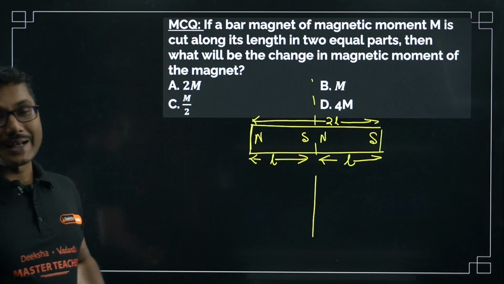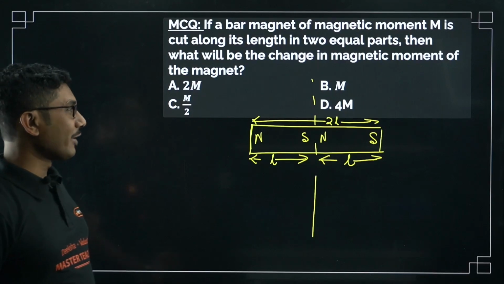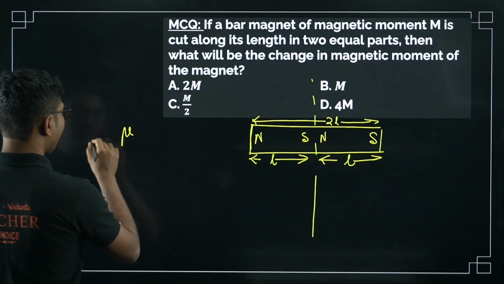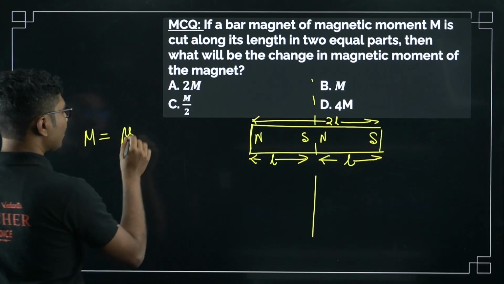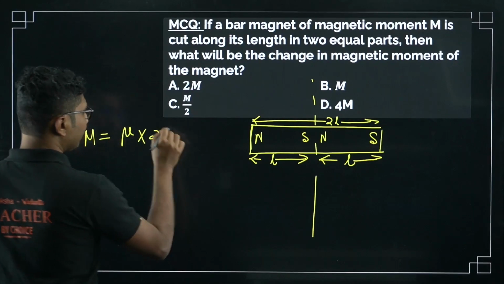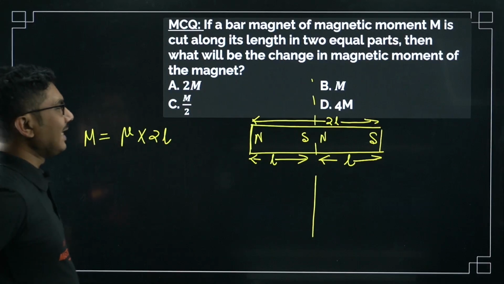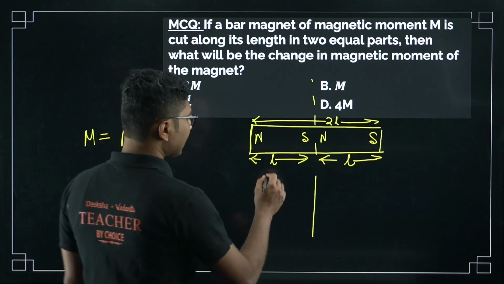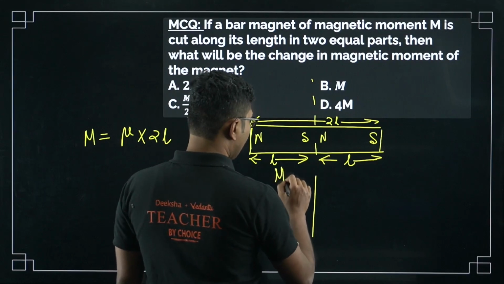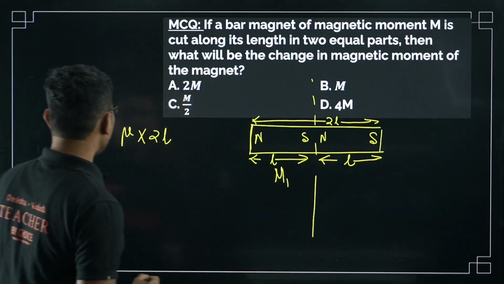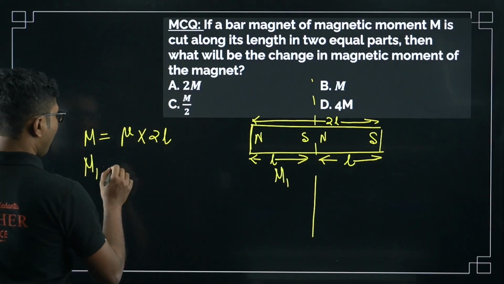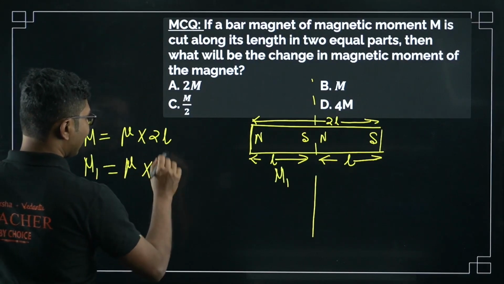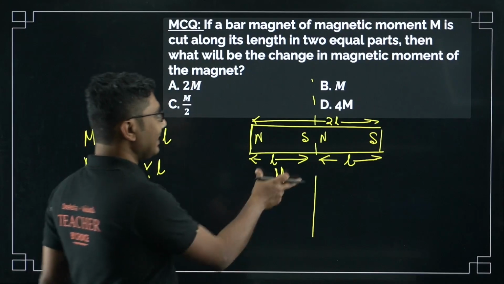So change in the magnetic moment is very, very important. So what is the old magnetic moment? Magnetic moment was M equals to mu into 2L. Now what is the new magnetic moment? So new magnetic moment, say, is M1. Magnetic moment is basically the same, mu into L. Now length is reduced, right?